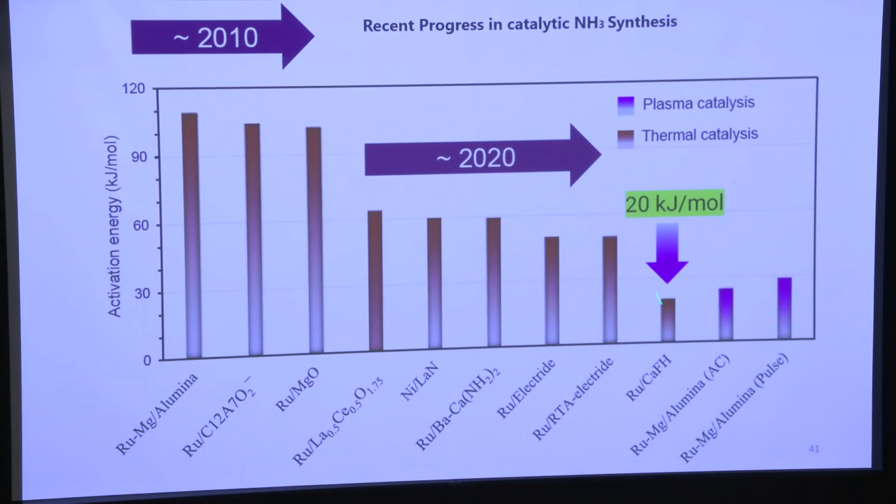And recently, they're using ruthenium calcium fluorine hydride, and they reduced the activation energy to 30. Significant progress, right? When you're talking about combustion kinetics, 5% uncertainty, here is a huge improvement, right?